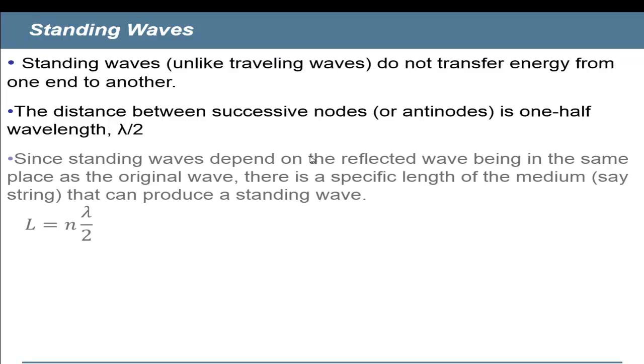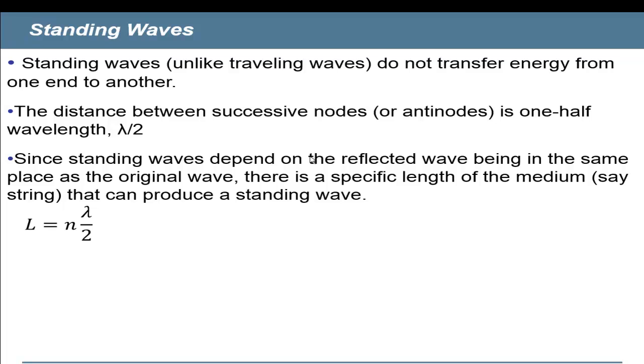Since standing waves depend on the reflected wave being in the same place as the original wave, we have to have a specific length of the medium that can produce a standing wave. It depends on how long that medium is, say if we're using a string.